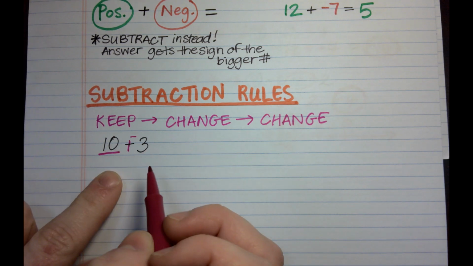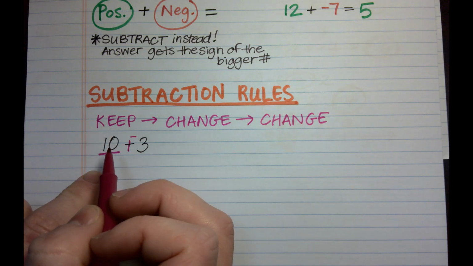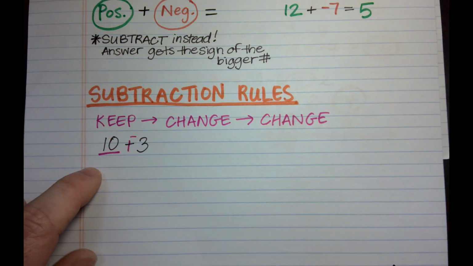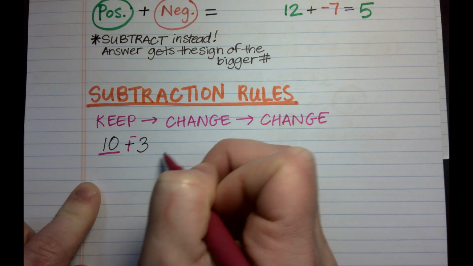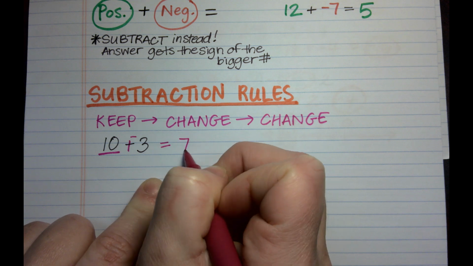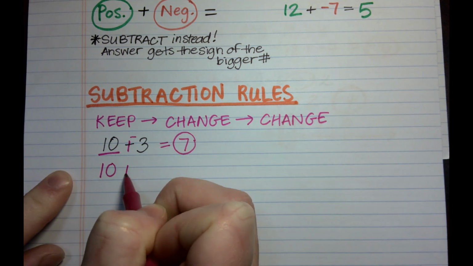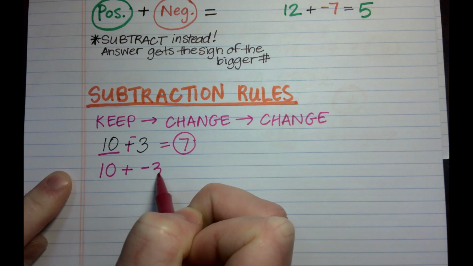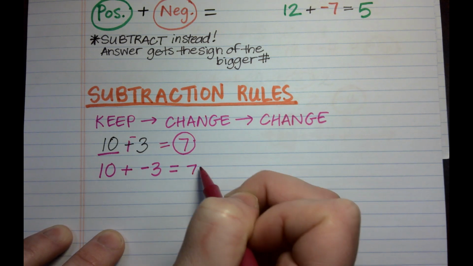Now, when we have two positive numbers, this is probably not super productive to do because 10 minus 3 is probably going to feel easier than 10 plus negative 3. Okay? 10 minus 3 is what? 7. If I do 10 plus negative 3, what will I get? 7. Same thing.